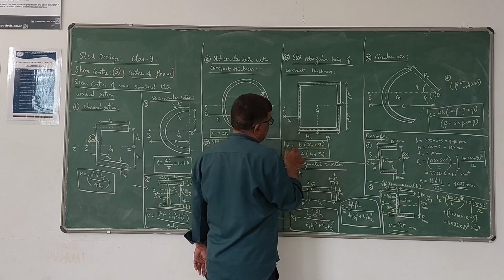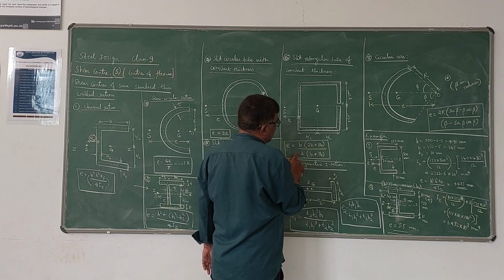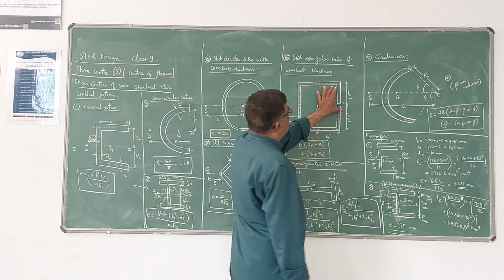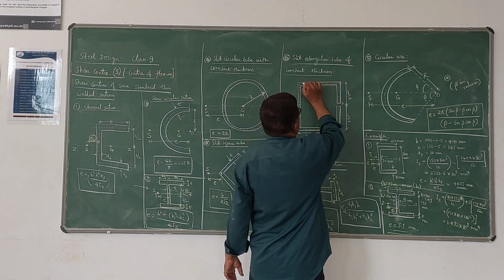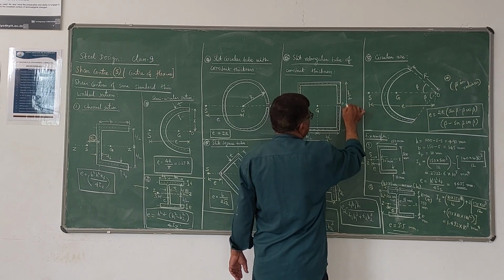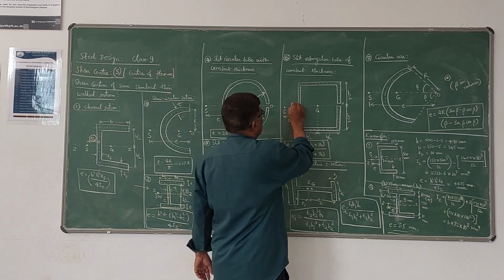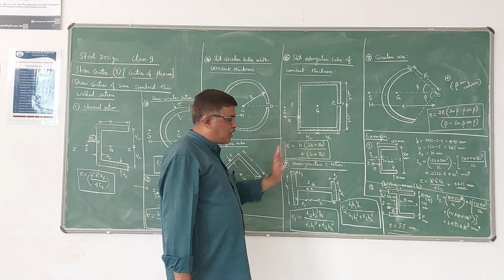This E is given by B into (2H plus 3B) divided by 2 into (H plus 3B). So H by 2 is the distance from the central line of this top edge to this point. So this is symmetrical about, once again, this ZZ axis. So in this case, E is given by this formula.